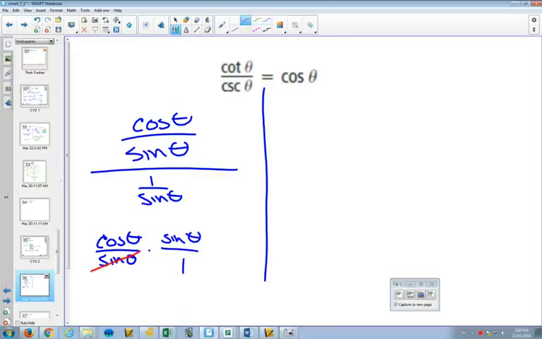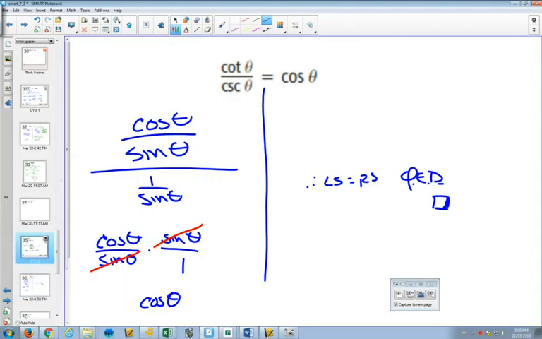Notice that the sine thetas are the exact same factors. And you're just left with cos theta. So therefore, left side equals right side. And we're done. Part B.